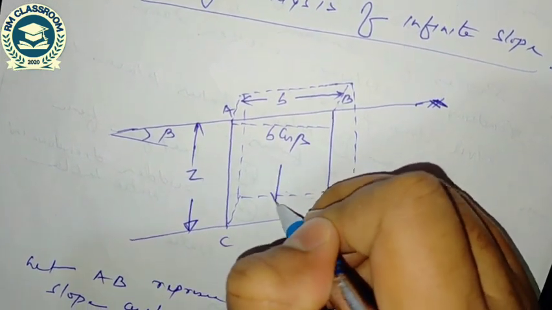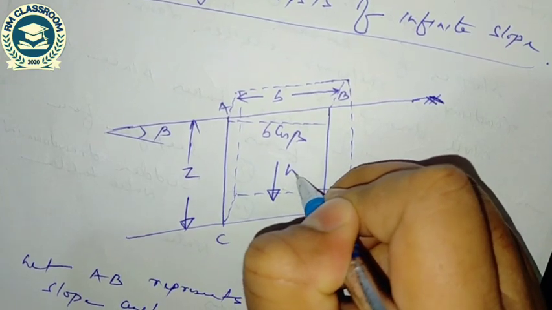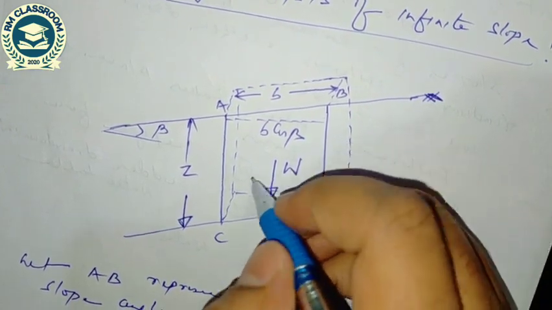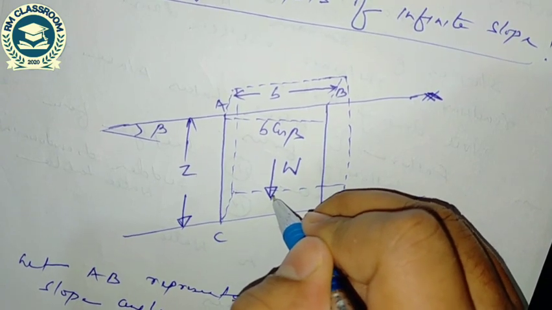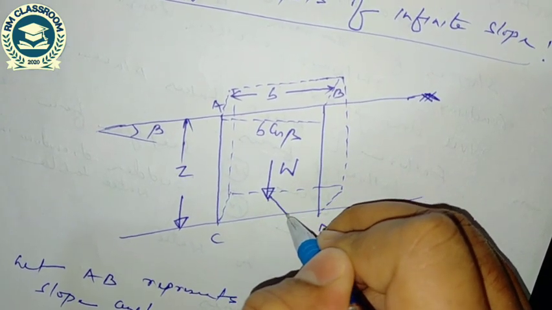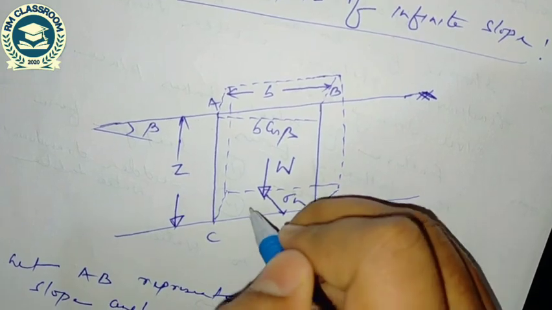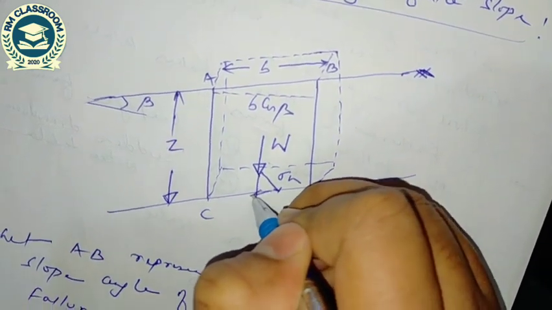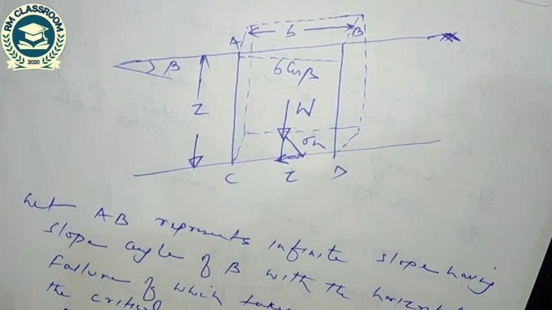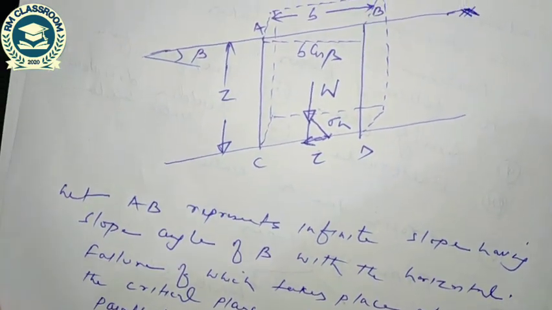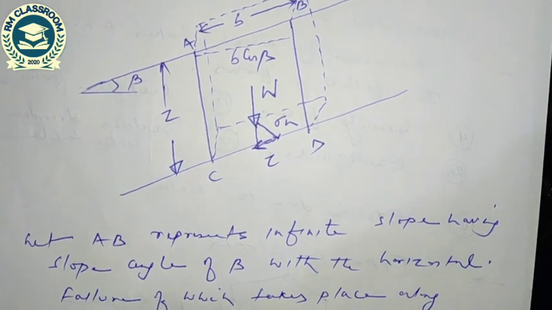And this is weight. There are two components of this weight. One is normal stress and another one is tangential stress tau. So I am interested to compute the value of normal stress and tangential stress.